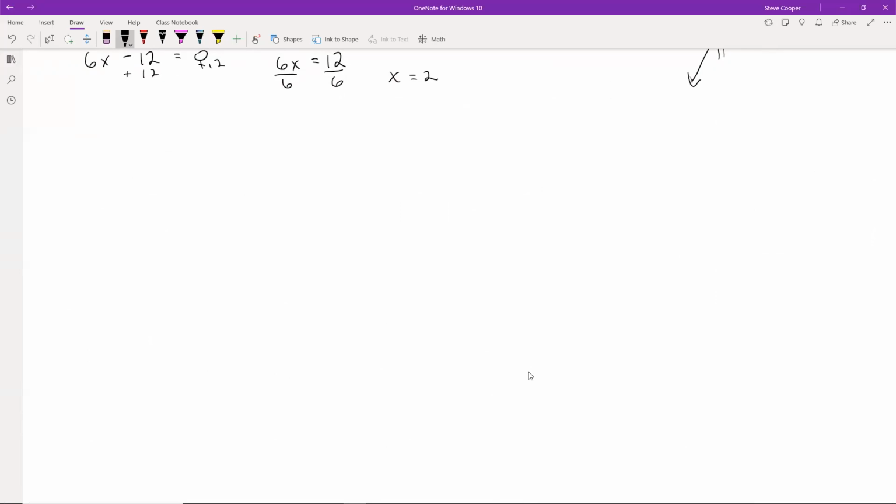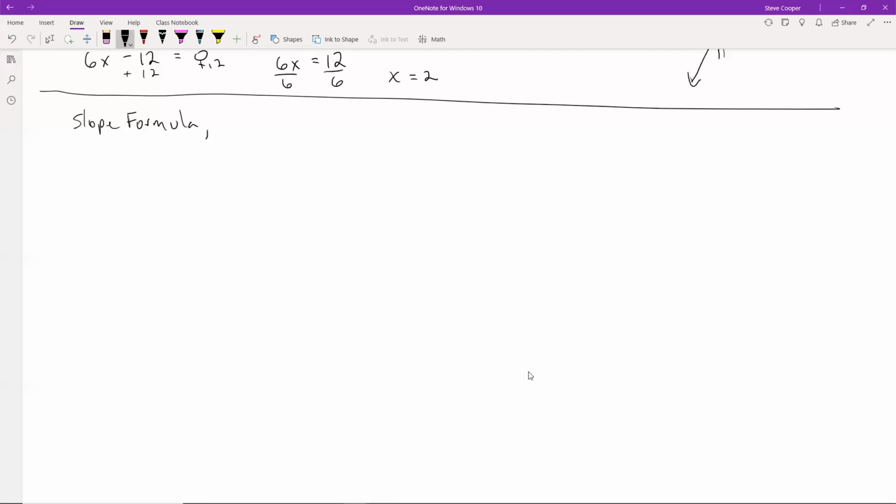So we've looked at the slope formula. We've looked at the point slope form. We've looked at the slope intercept form.